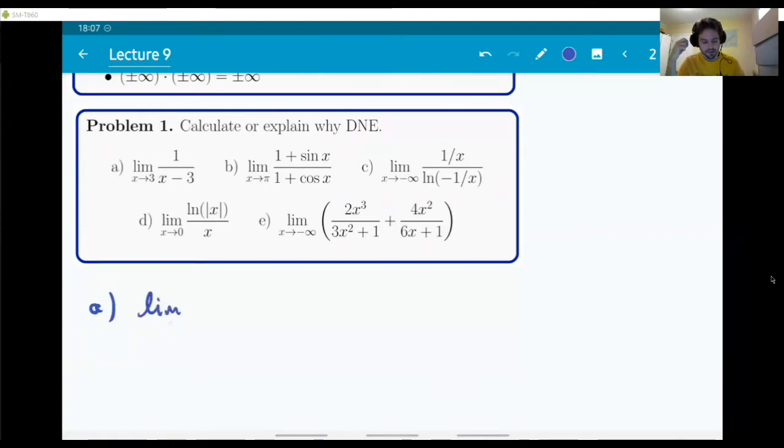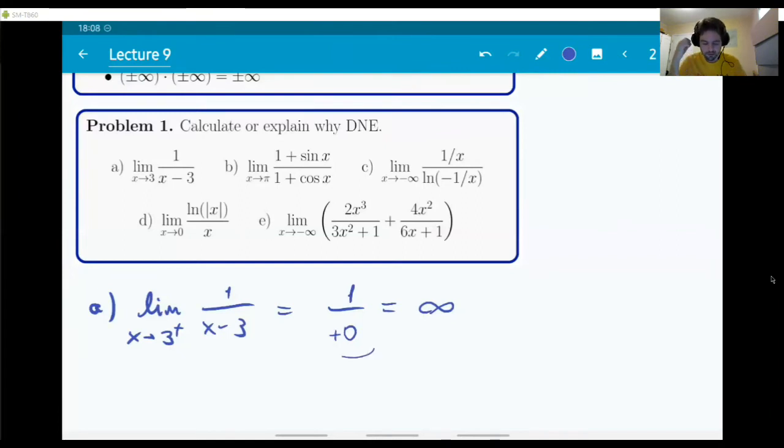In this case, if you're coming from the right side, let's say, this is a 1 over 0. X is going to 3, so x minus 3 is going to 0. But this 0 is approached through positive numbers. Okay, x minus 3 is positive if x is on the right side. So this is a case in which it is a plus infinity. You might even want to say something like plus 0 here.